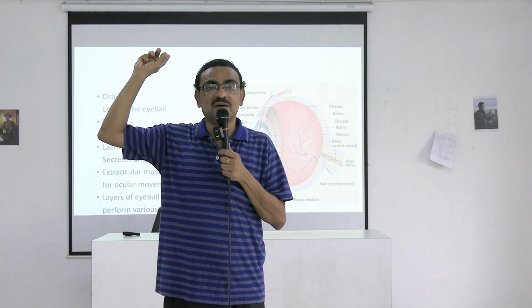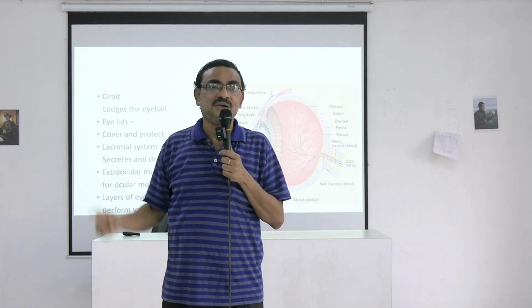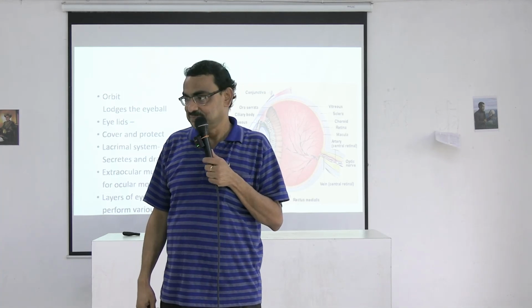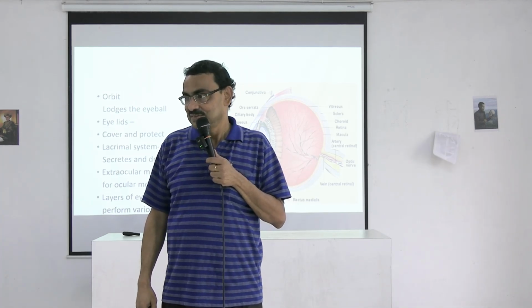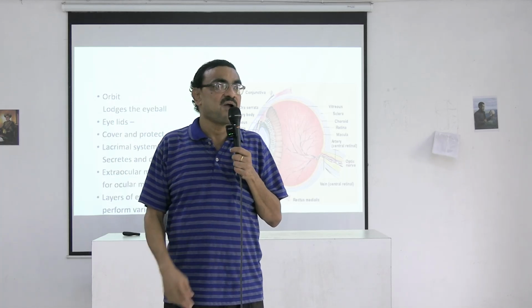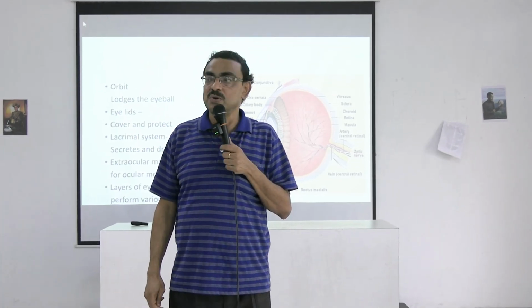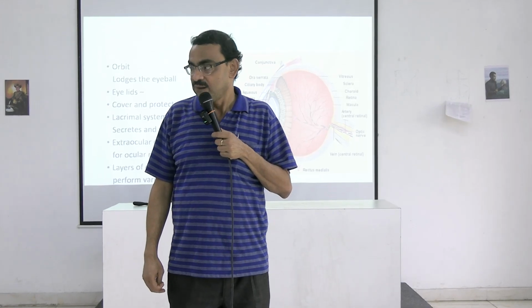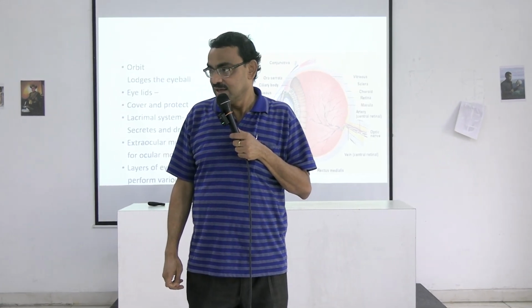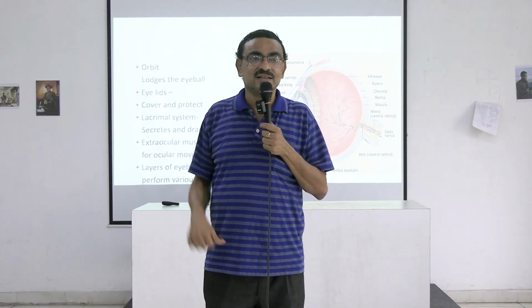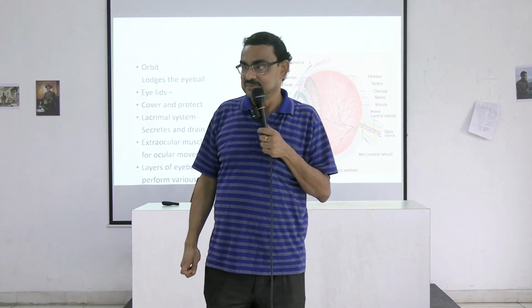The most outside layer is the fibrous layer. The next one is the middle layer, that is the vascular layer. And most inside, that is the nervous layer.